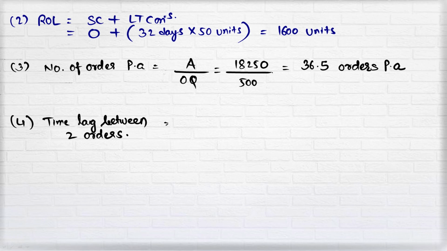Alright. How many days are there in a year? 365 days is 1 year. You do how many orders in a year? 36.5 orders.